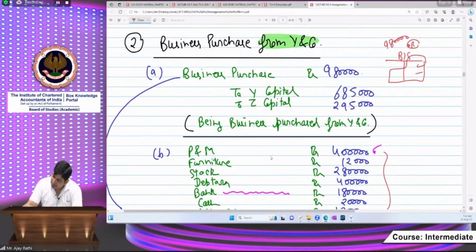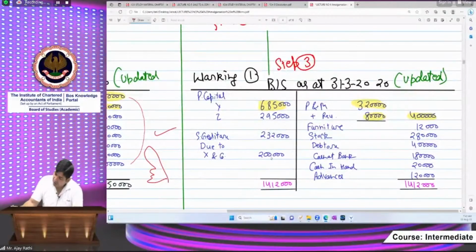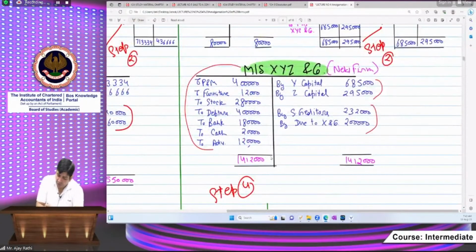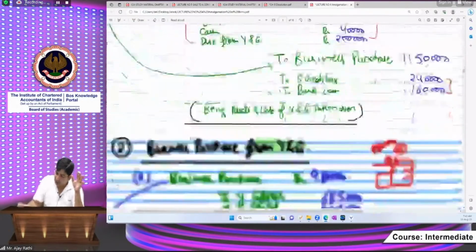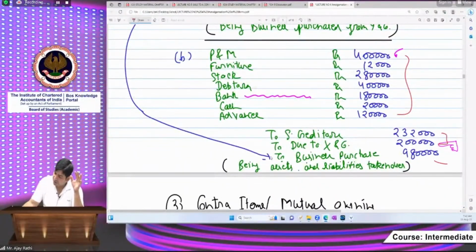The 9,80,000 you can also find from the other company, where all the assets and liabilities net figure is 9,80,000. That has been shifted in the form of business purchase. Now in the next entry, you are opening these balances individually. So you have credited the 9,80,000 and you have posted here the assets minus liabilities net figure.